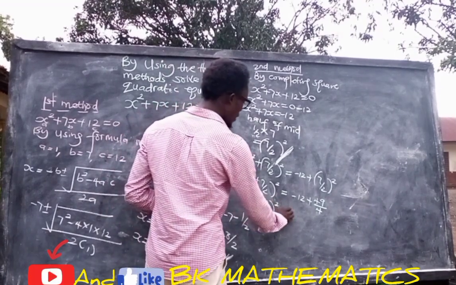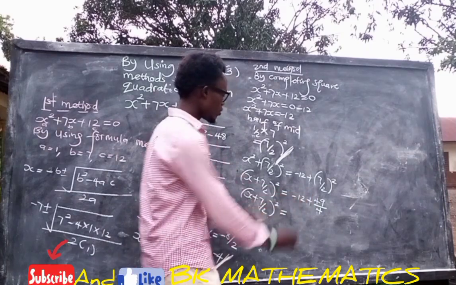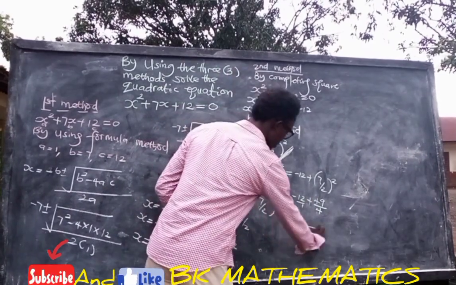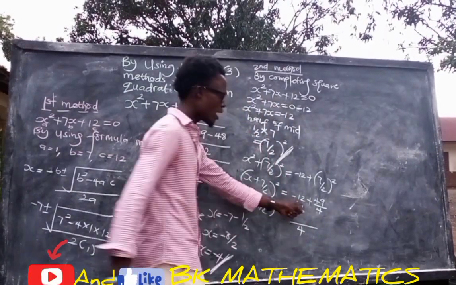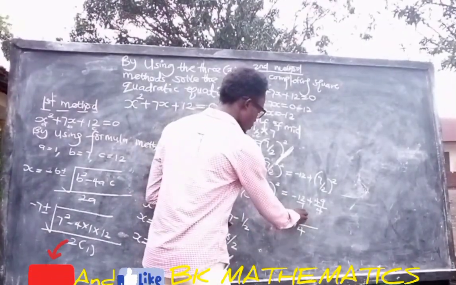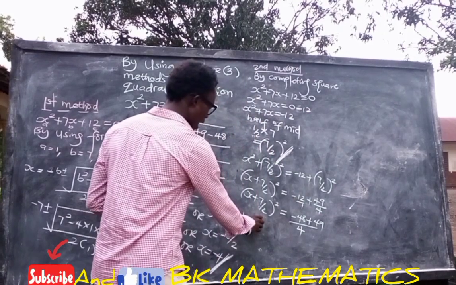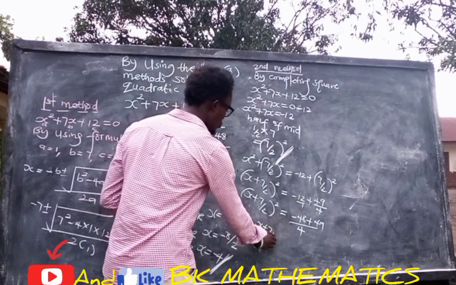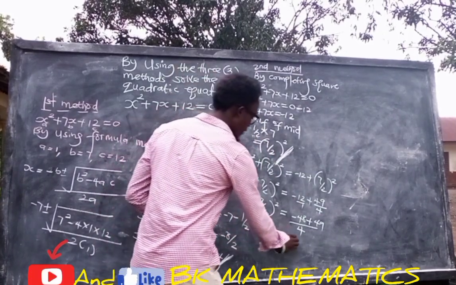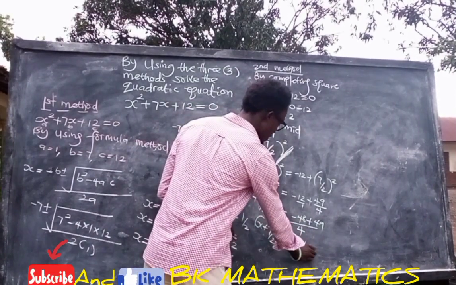Now if you are simplifying this point, we find our LCM. Then this one becomes 4. 1 into 4 is 4 times. 4 times minus 12 giving you minus 48. So minus 48 plus 49. Then we say x plus 7 upon 2 square, everything becomes minus 48 plus 49 giving you 1 divided by 4.